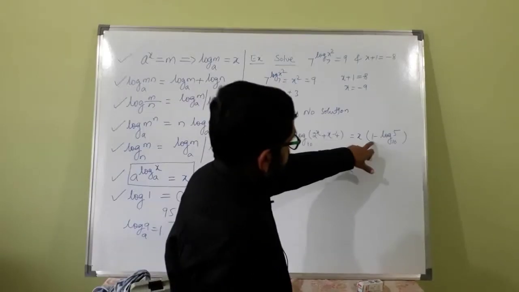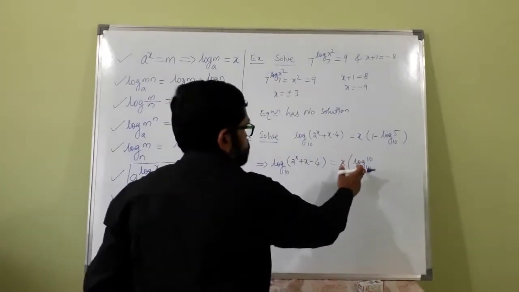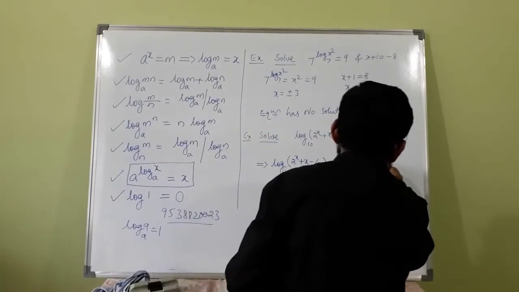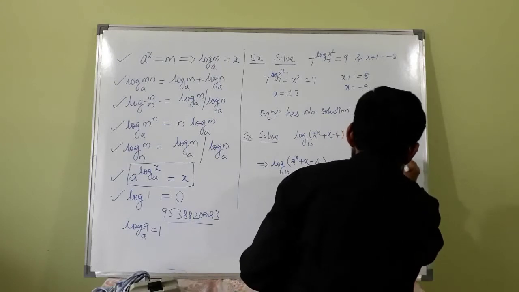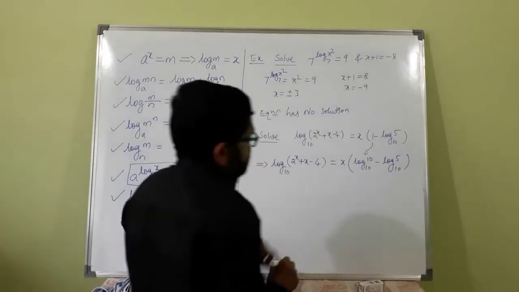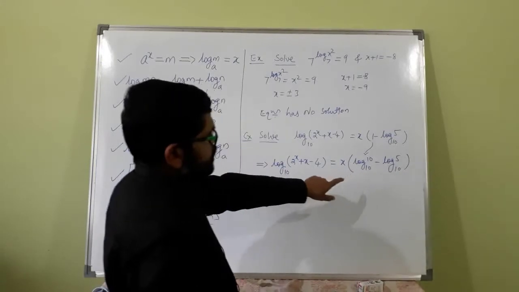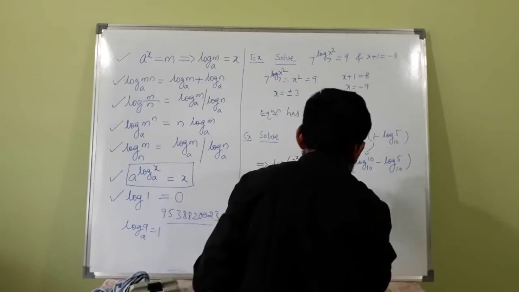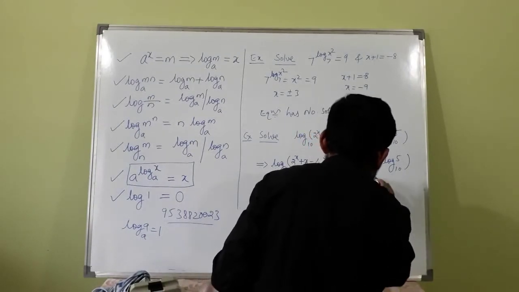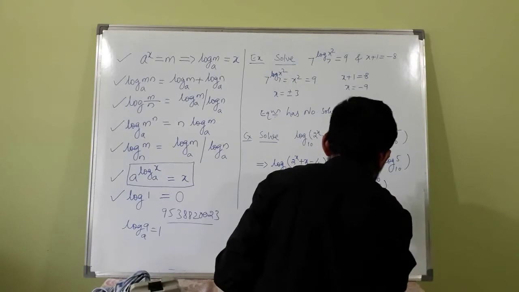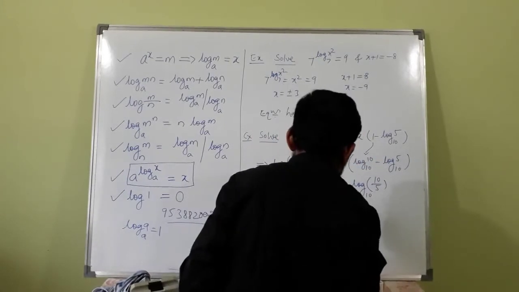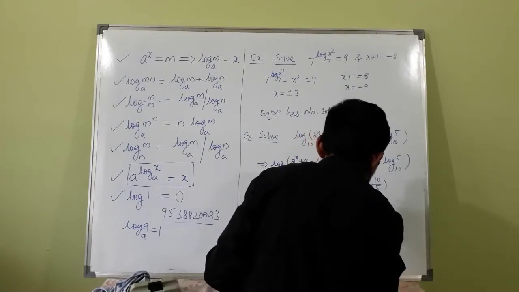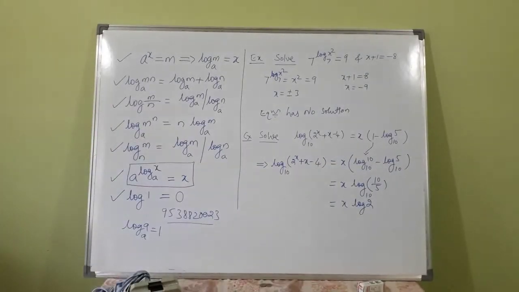You have to express 1 like this, minus log of 5 to the base 10. Since bases are same, log m minus log n is equal to x times log 10 by 5 to the base 10, which is equal to x into log 2, as 10 by 5 is 2.